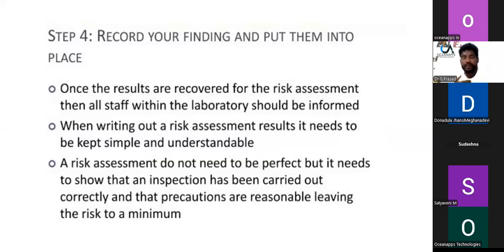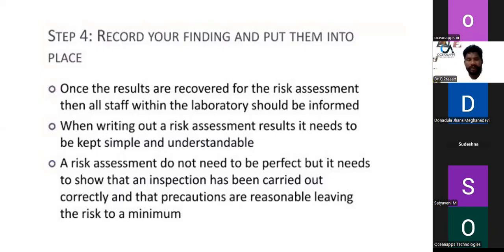So what does record mean? Once the results are received from the risk assessment, then all the staff within the laboratory should be informed. That means if anything happened for the particular risk assessment, then what you have to do? You have to inform all the staff.